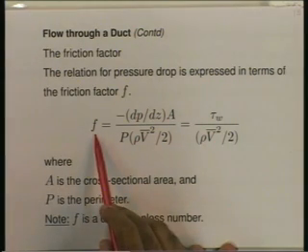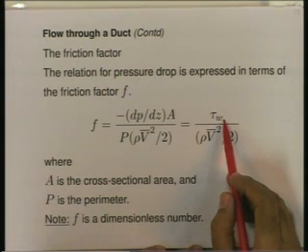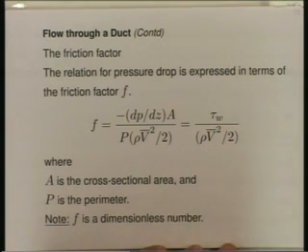The friction factor can also be shown to be equal to the shear stress on the wall, tau W, divided by rho V bar squared by 2. In any internal flow situation, we will almost always be interested in knowing the friction factor. And we should remember that the friction factor is a dimensionless number.